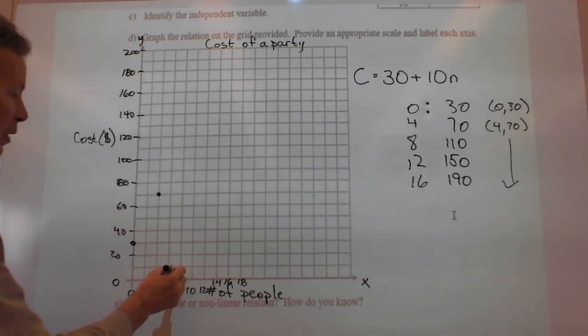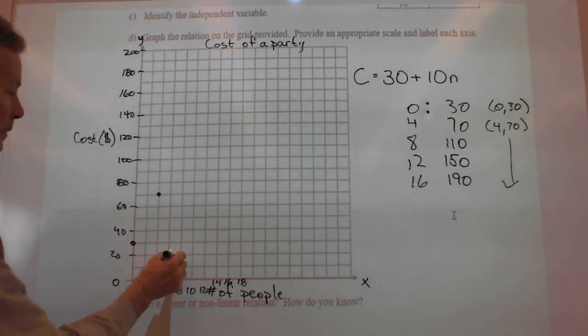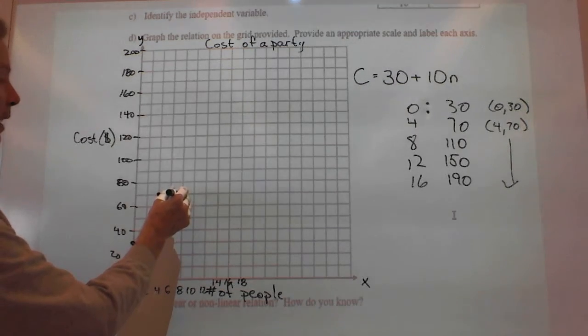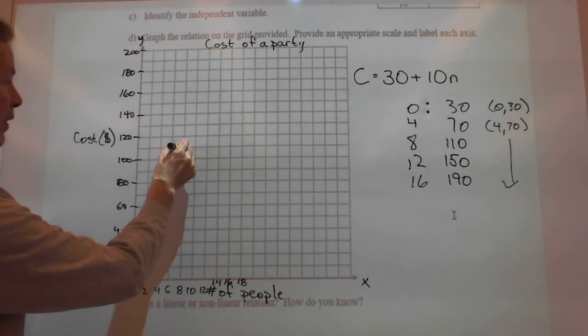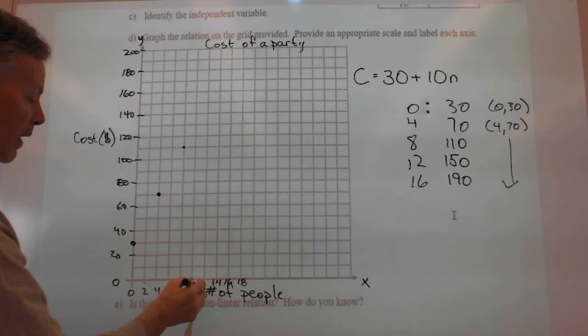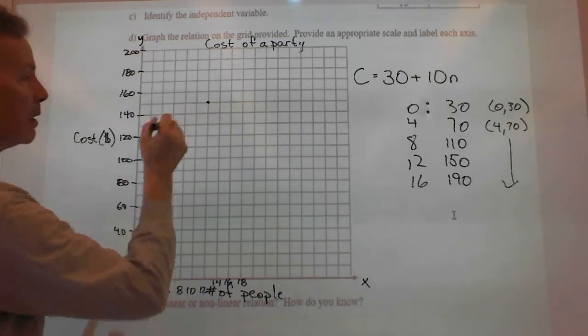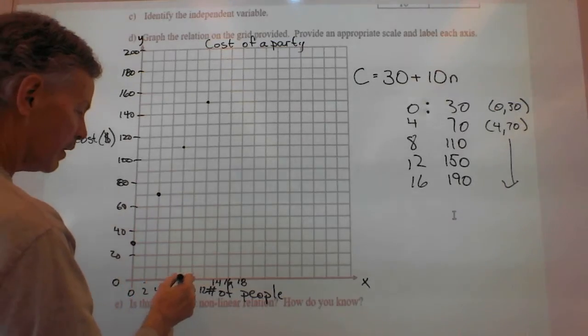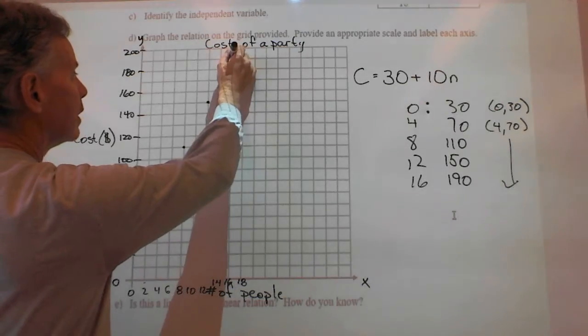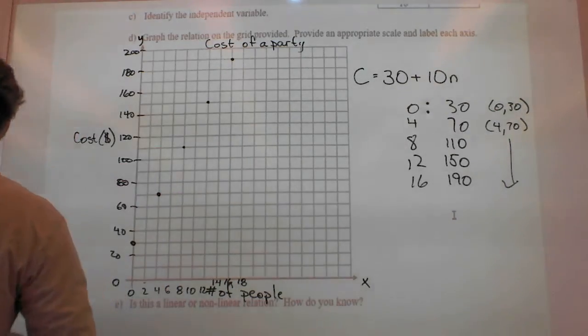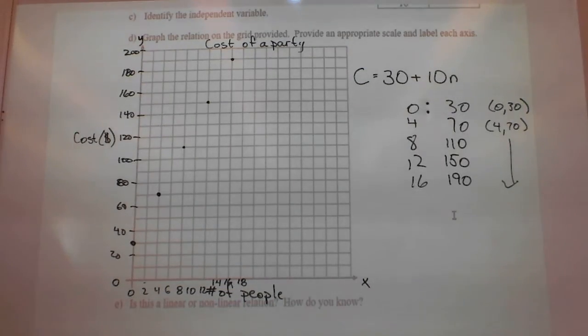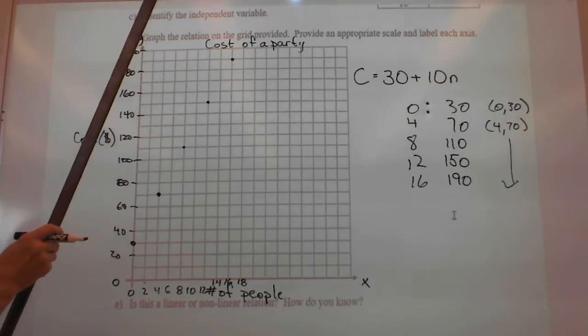I'm just going to very quickly plot these. 8 and 110, 12 and 150, and 16 and 190. And get your friend Mr. Ruler.